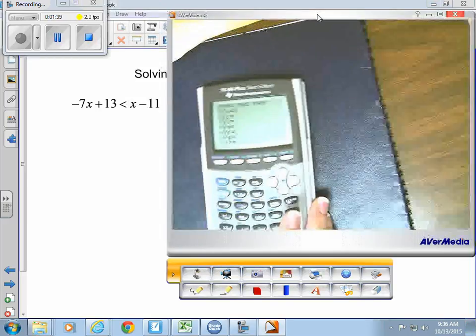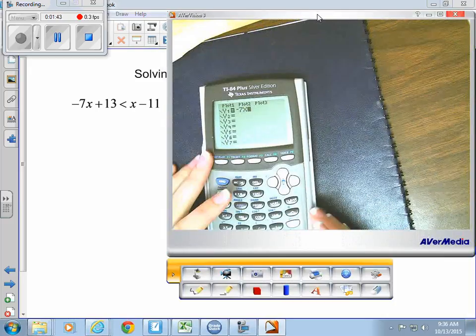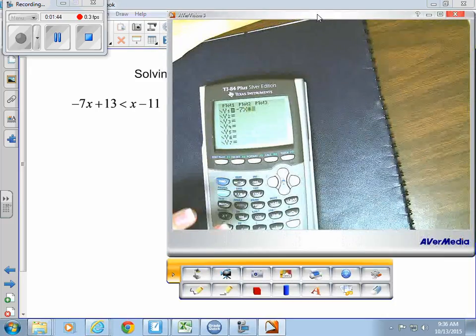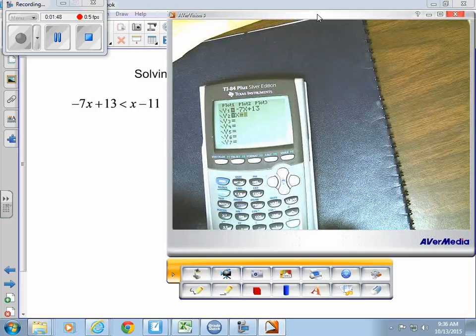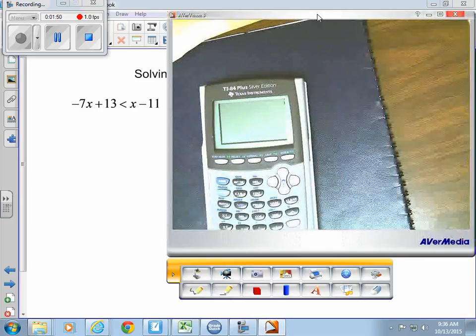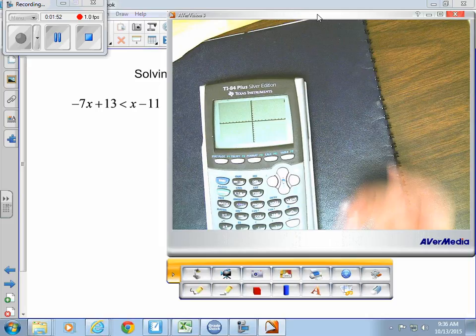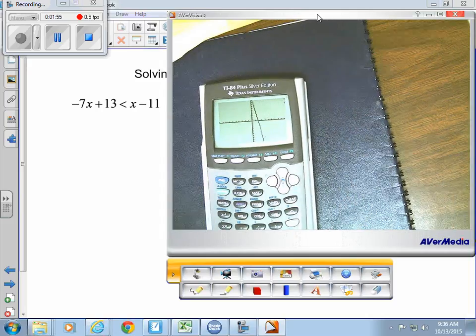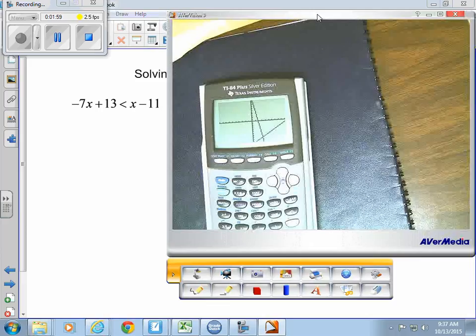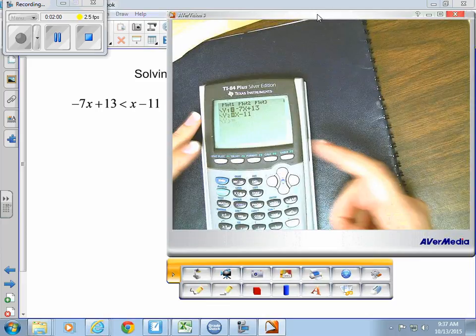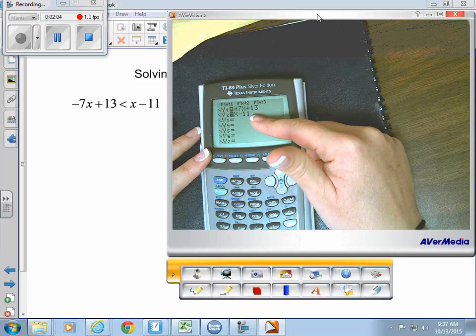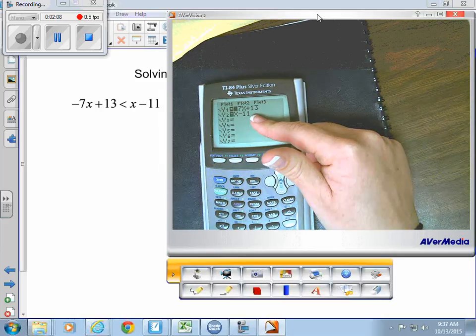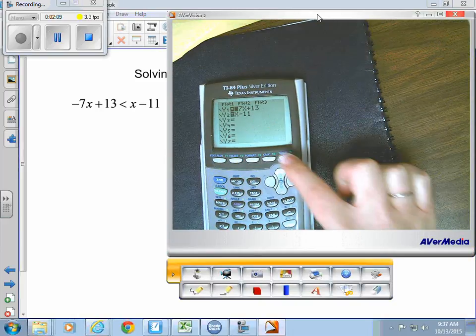I'm going to do the negative 7x plus 13 in y1 and the x minus 11 in y2. You do need to know which one you put where. So if I go back, I put the negative 7x plus 13 in y1 and the x minus 11 in y2, right? So I'm going to go to the graph.